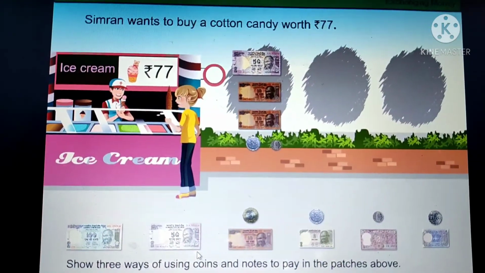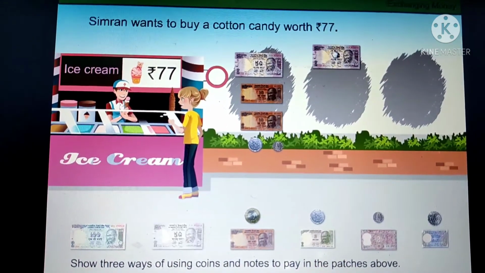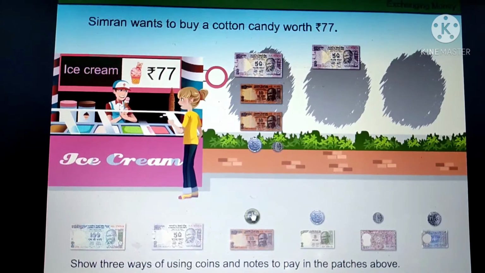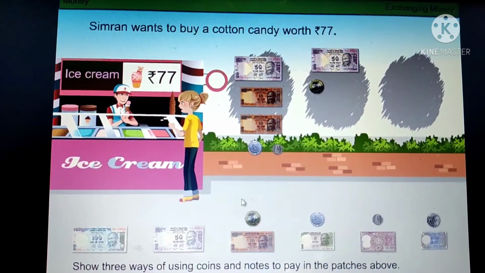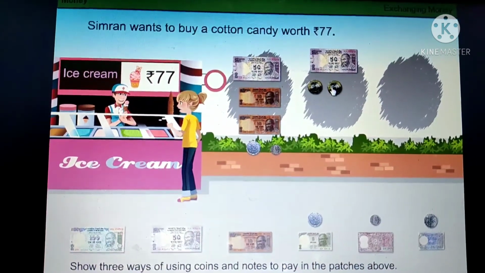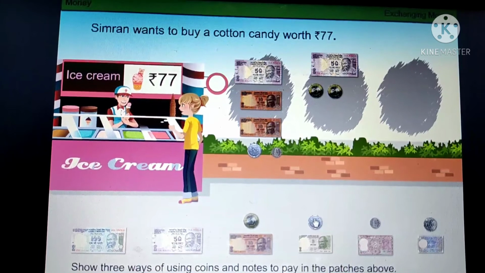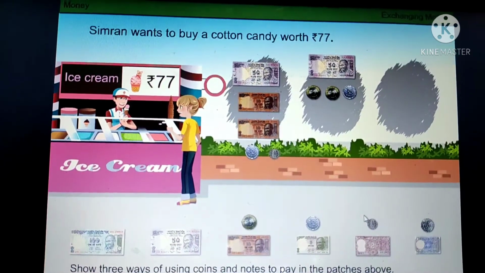The other way is she can pay 1 note of 50 rupees, 2 coins of 10 rupees, 1 coin of 5 rupees and 1 coin of 2 rupees.